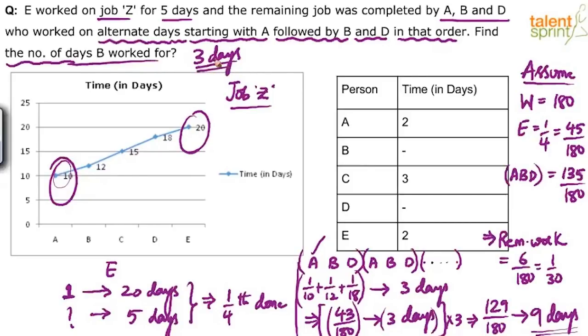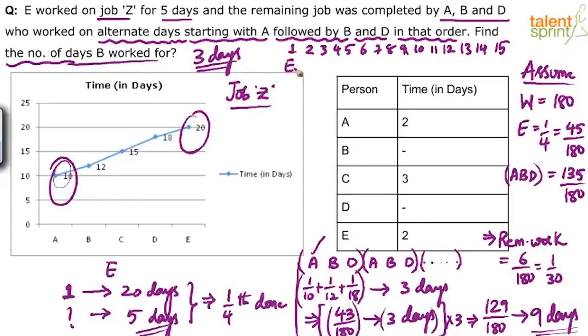You got to understand the whole process. Let me just put it here. First day, second, third, fourth, fifth, 6th, 7th, 8th, 9th, 10th, 11th, 12th, 13th, 14th, 15th. The work goes on for 15 days. Understand that for the first 5 days, only E is working.